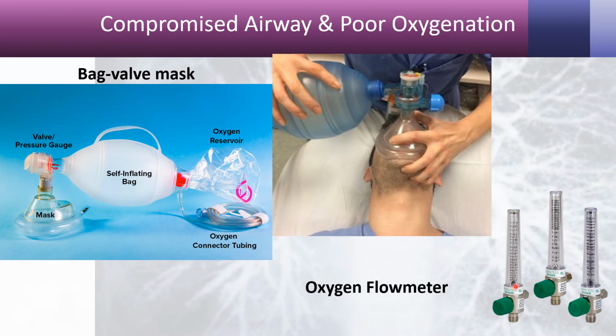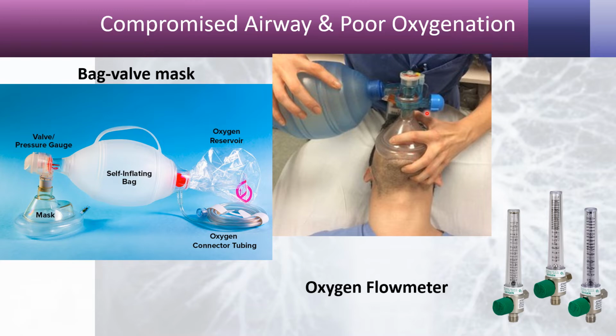Make sure that you turn the knob on so that this ball goes up. Once it goes up to 15 liters per minute, you will see that the oxygen reservoir will inflate, and that tells you that it has oxygen inside, and that's when you can use it, like what you can see in this image.